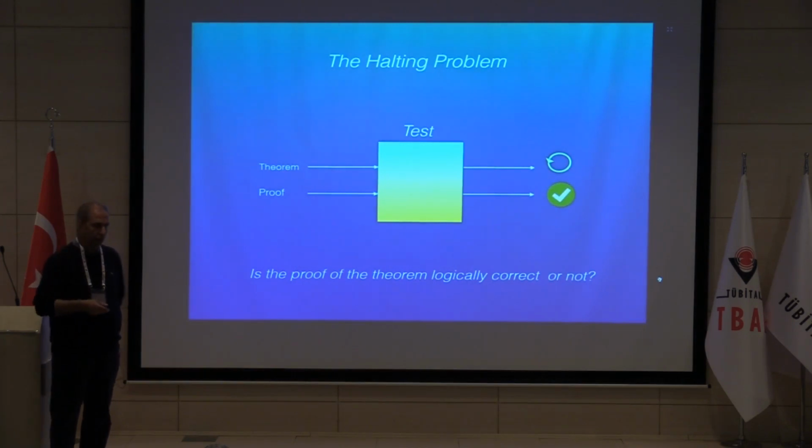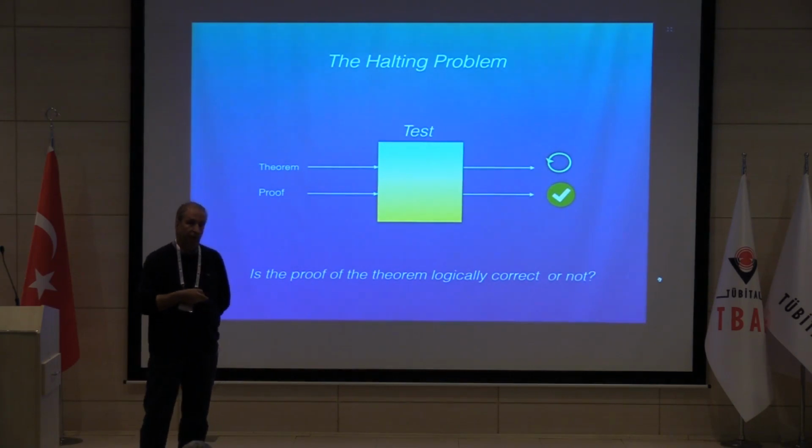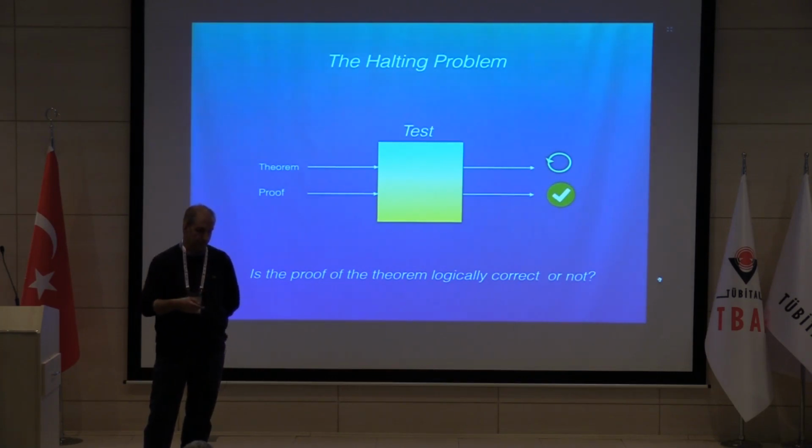You give this computer the statement of the theorem and the proof that you have written on paper, and you ask the computer, is your proof correct or not? The computer wants to check the validity of your proof based on the axioms of that theorem. So the computer should check your proof line by line, the theorem and the axioms that you have used, and check whether you have made a valid argument or a mistake.